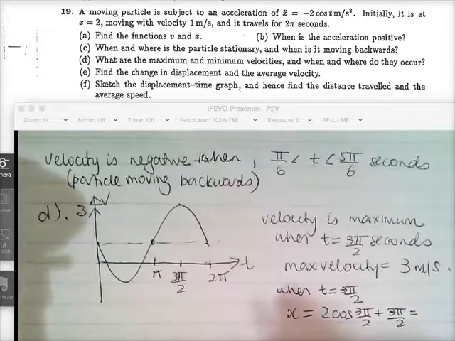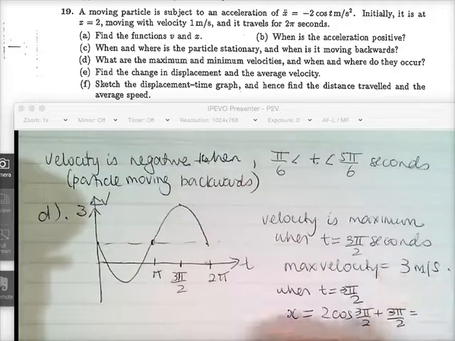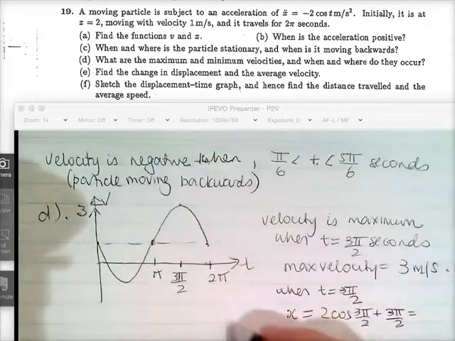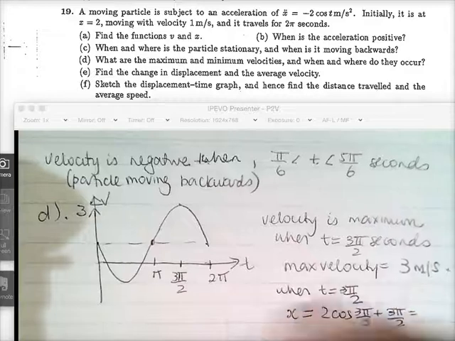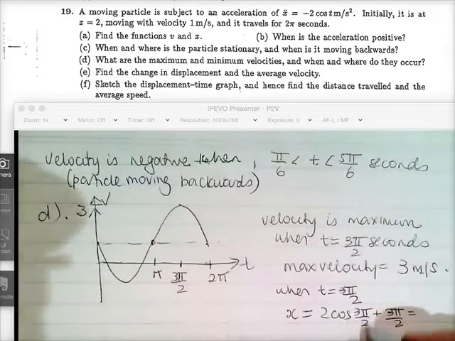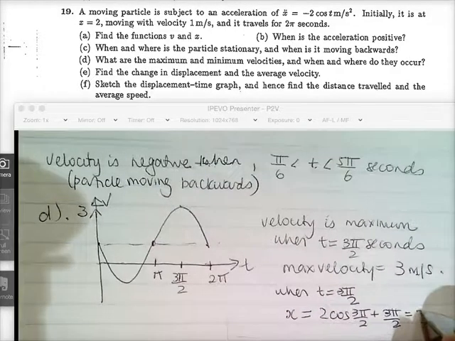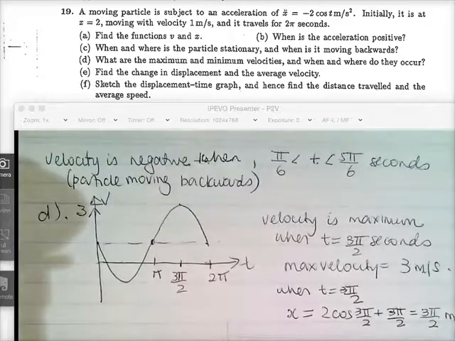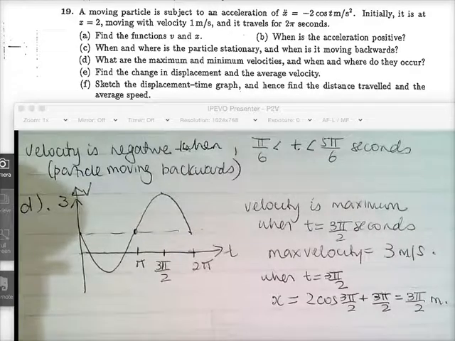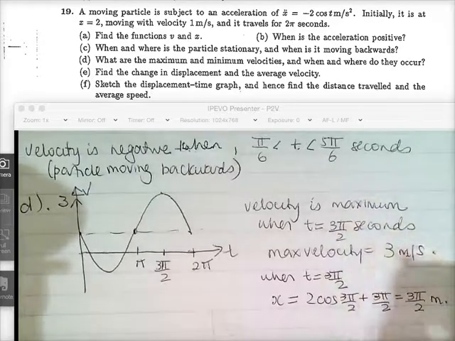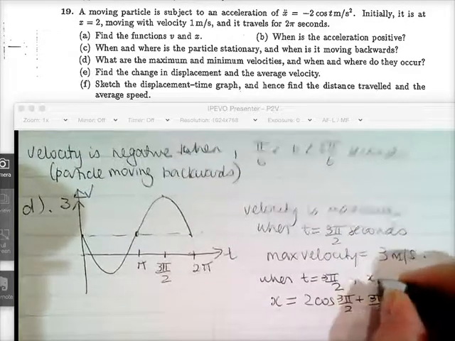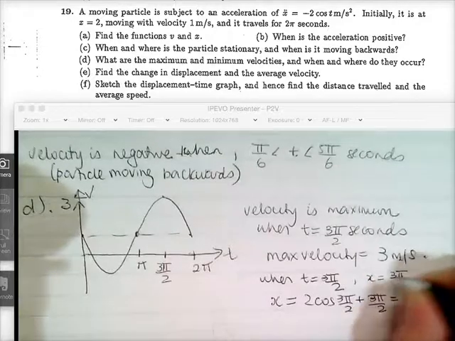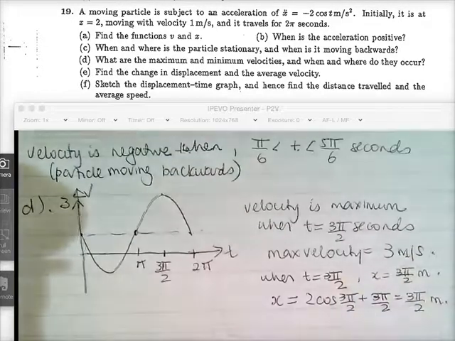Cos of 3 pi on 2, that's cos of 270, that's just a cos curve, which is 0. So cos 3 pi on 2 is 0, therefore it occurs at 3 pi on 2 meters to the right of the origin. Okay, so we get that when t is 3 pi on 2, x equals 3 pi on 2 meters.